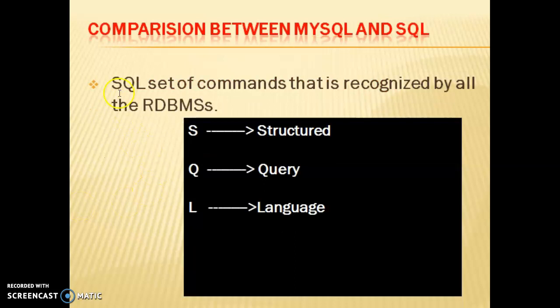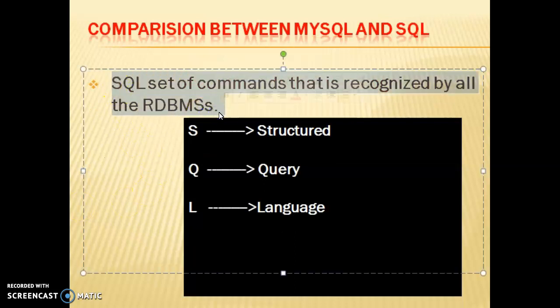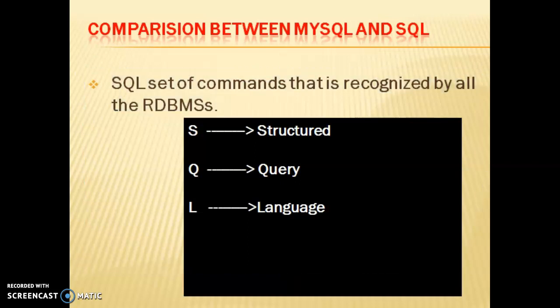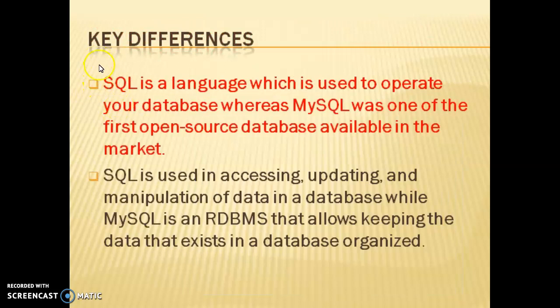Next, SQL is a set of commands that is recognized by all RDBMS. RDBMS means relational database management systems. So SQL is a set of commands recognized by relational database management systems. Then, what are the key differences?